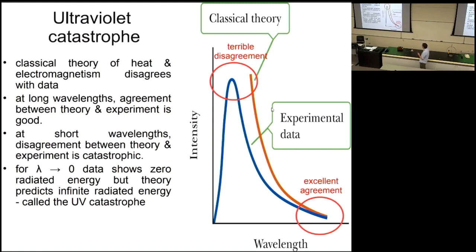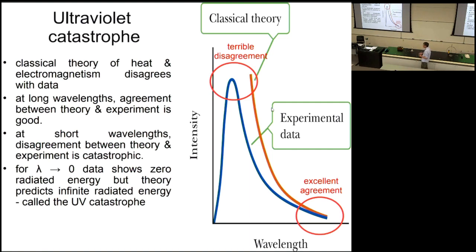Well, that's all well and good, but the black body radiation led to what's called the ultraviolet catastrophe. It sounds to me like catastrophizing, but it was considered a catastrophe in physics because it was the collapse of classical physics.